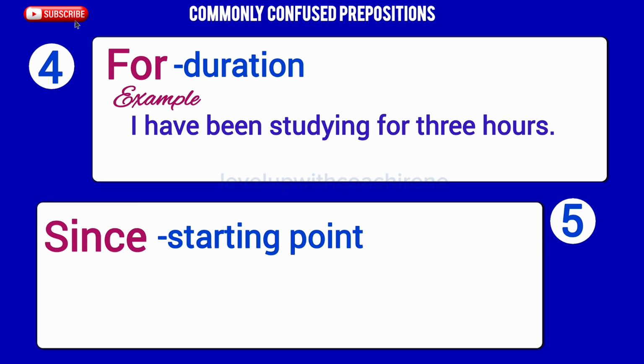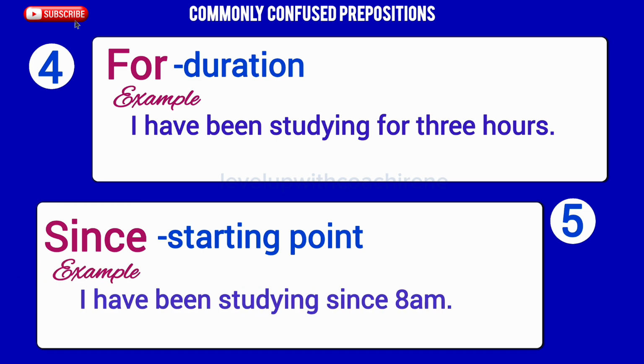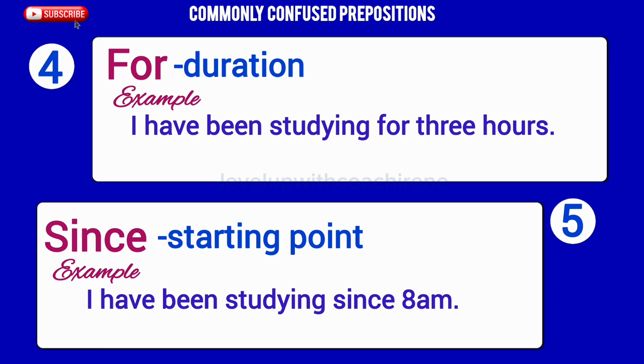Whilst since refers to a starting point in time, that is, when something started. It is used to indicate the point in time when something began and continues until now. For example, I have been studying since 8 a.m. This describes when the activity started.